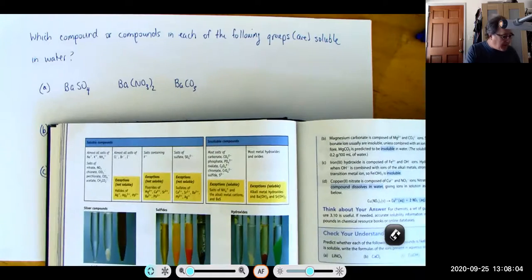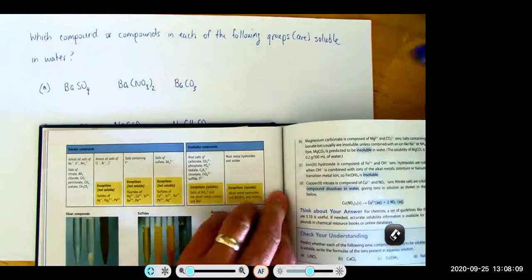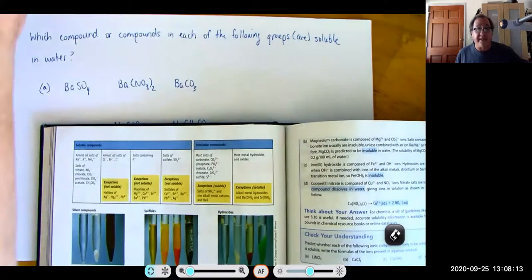Do you happen to have your book nearby? Or can you open it up in a window? I can grab it, one second. Okay, cool. This is page 134 when you get it.